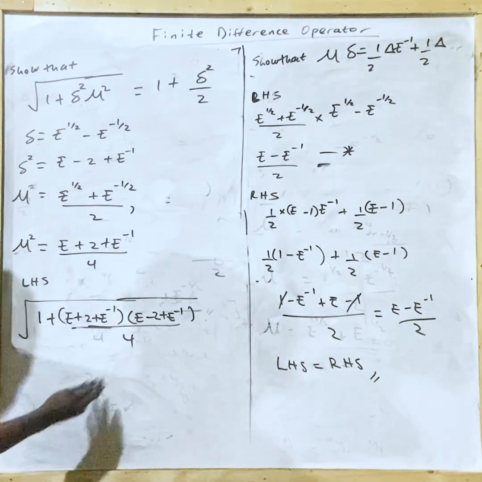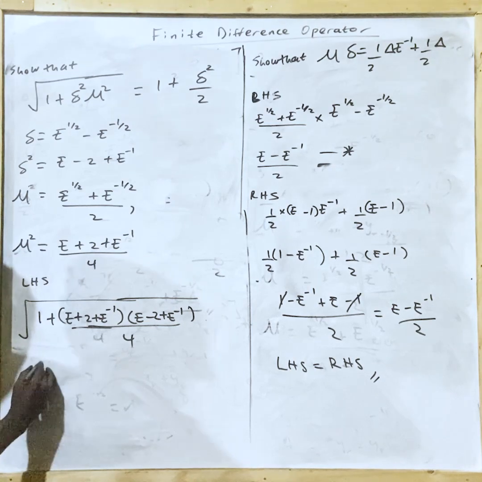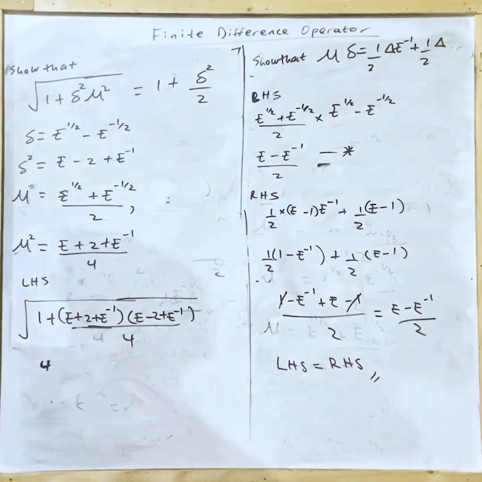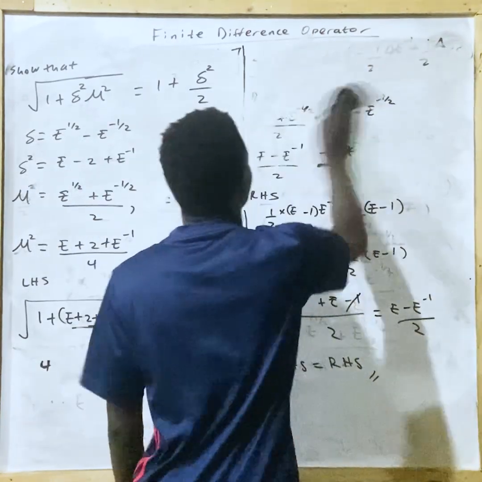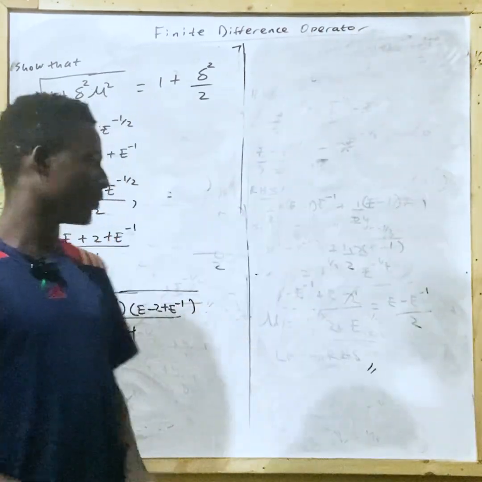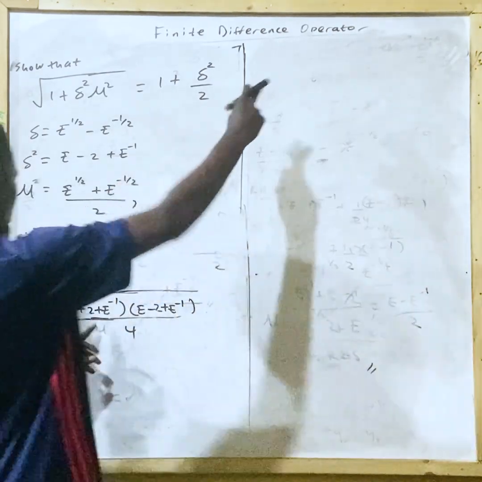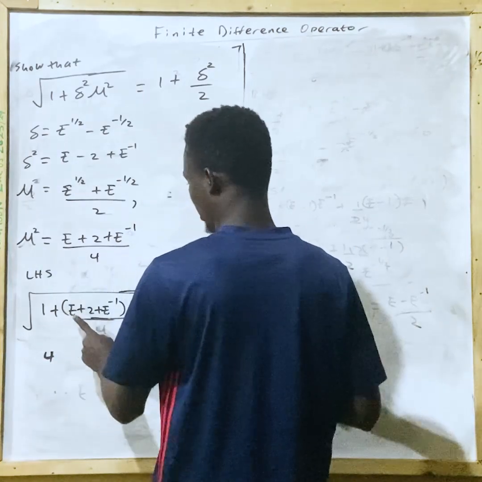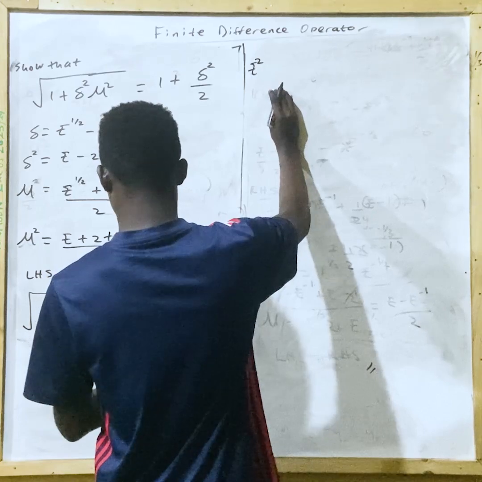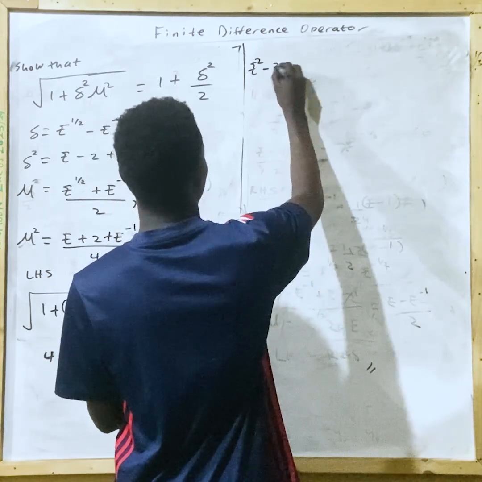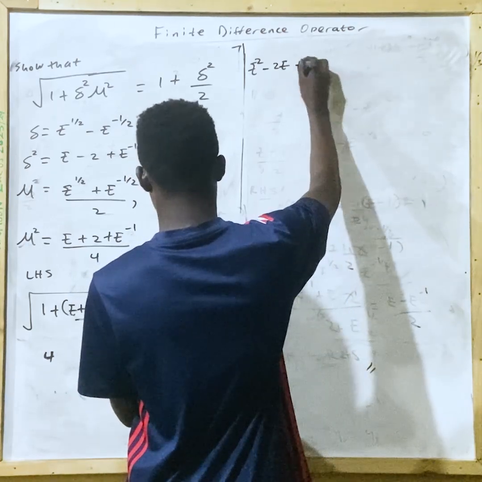Opening the brackets and finding the LCM, I have 4. I think I have to employ the use of a rough sheet. So from here I'm going to express the product. Multiplying them, you have e times e, that's e square, then e times minus 2, minus 2e, e times e raised to power minus 1, that is plus 1.